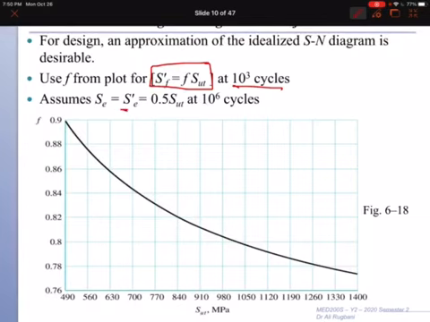So we know that endurance limit is 0.5 ultimate strength. Strength of failure at 1000 cycles will be F. This factor F comes from the curve here. So if your ultimate strength is, let's say, 630, 630 is here.